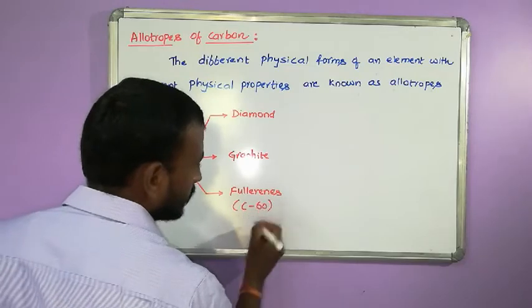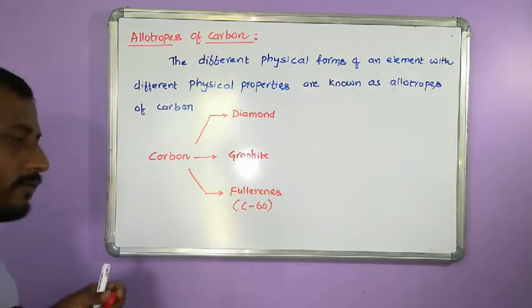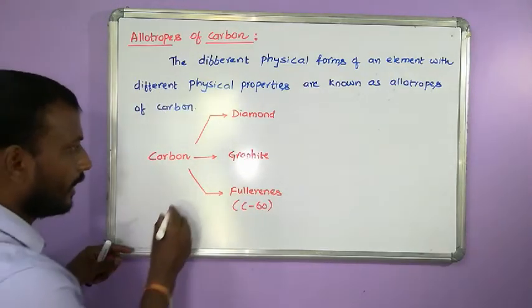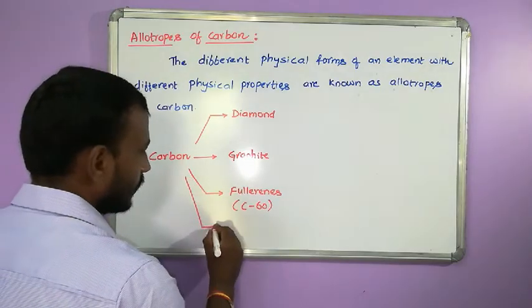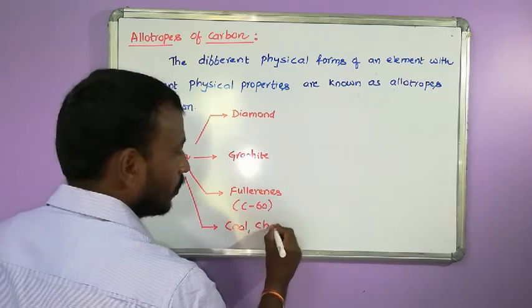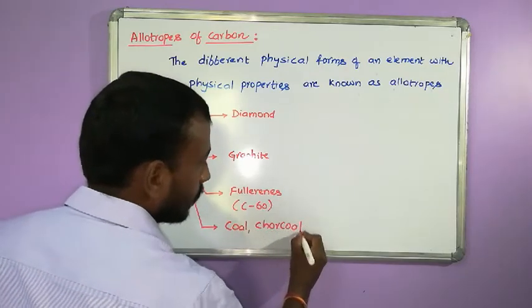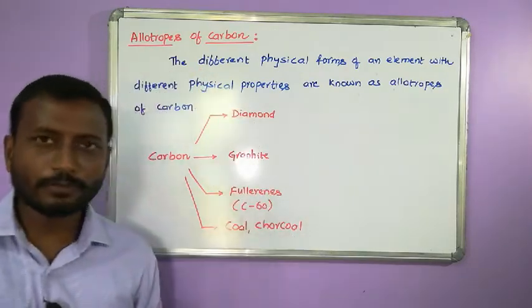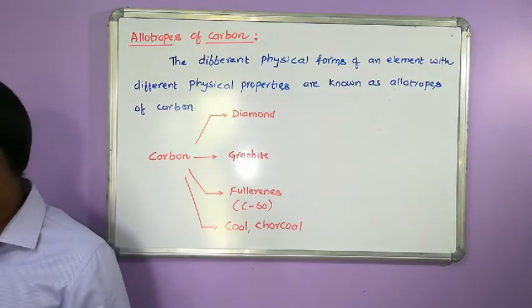Carbon 60 means if you take one molecule there would be 60 carbons, and in other forms you can have coal, charcoal. These are different physical forms of carbon with different physical properties.